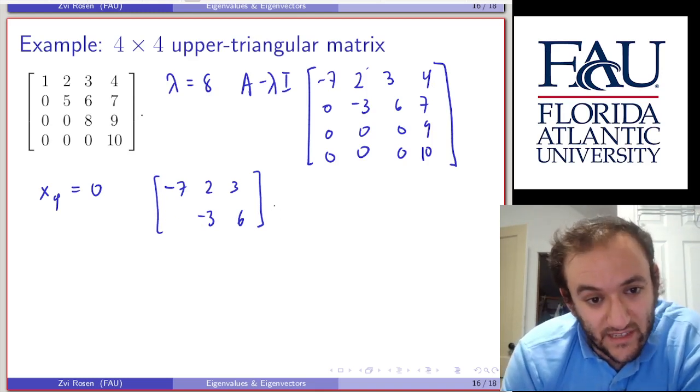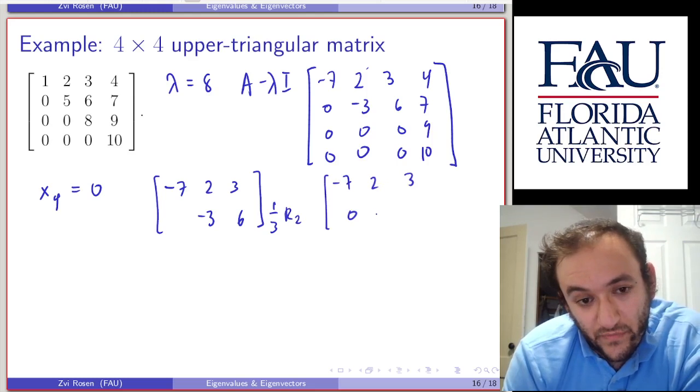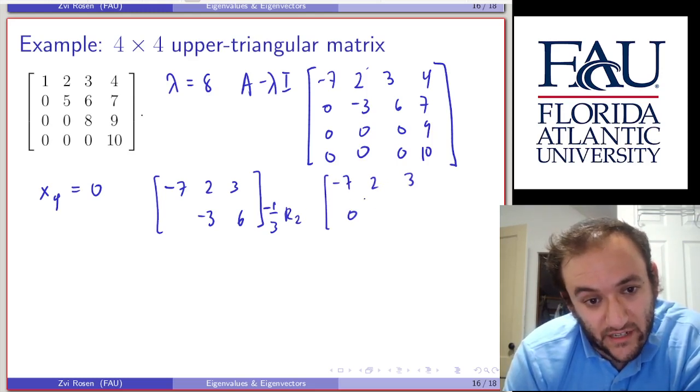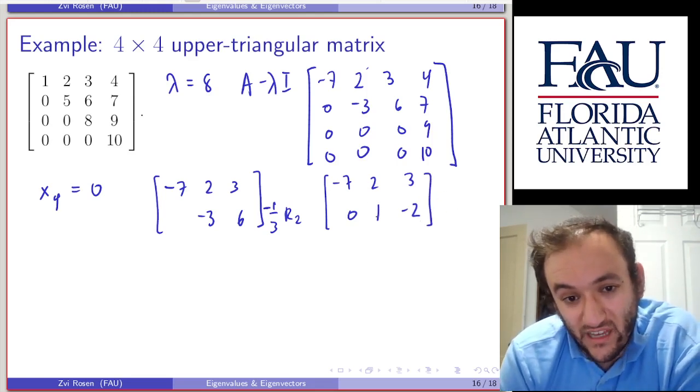So we can scale this second row by 1/3. This is row 2. So we get minus 7, 2, 3, 0. Let's make it minus 1/3 actually. 0, 1, minus 2. Okay, and then I can add minus 2 times the second row to the first row.